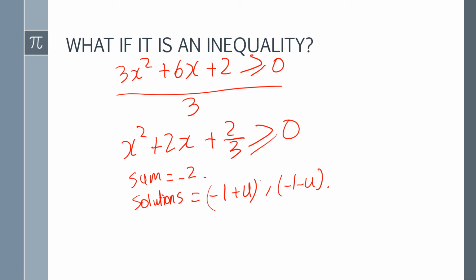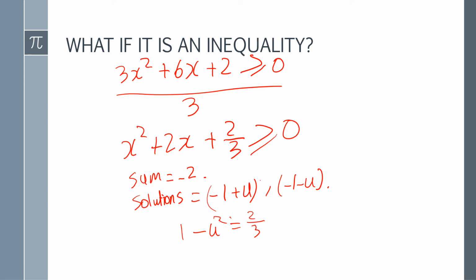Then you're going to multiply the two solutions together. So you're going to end up with 1 minus u squared equal to 2 divided by 3.